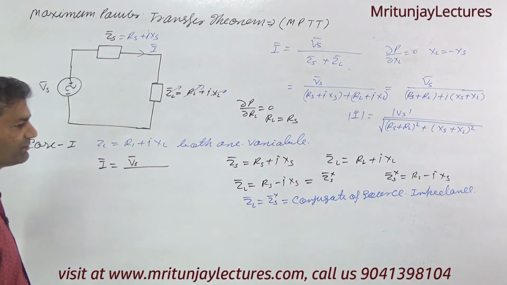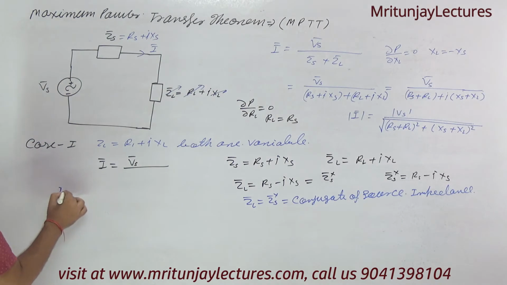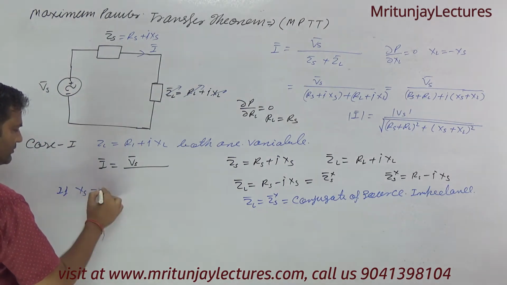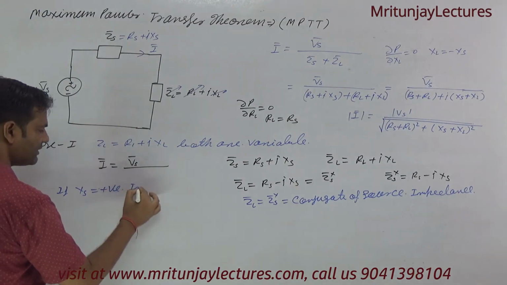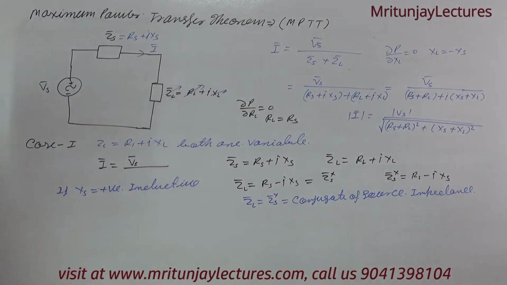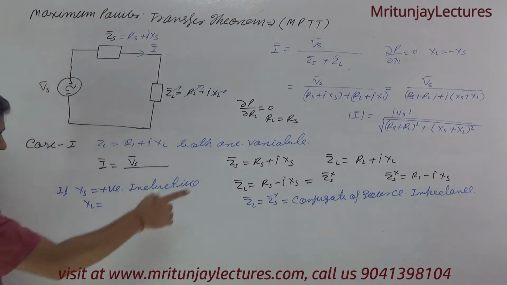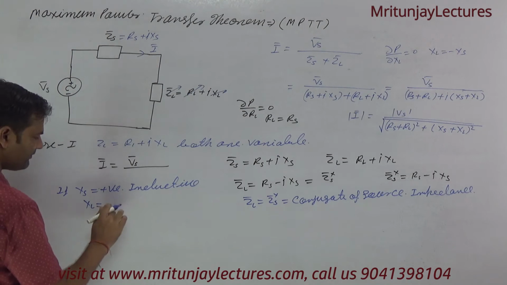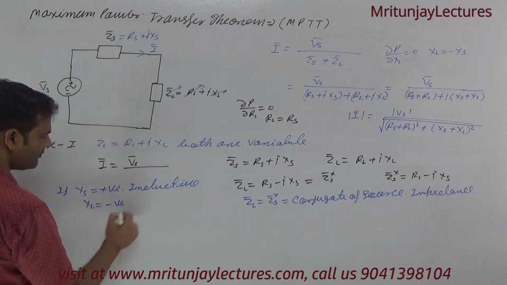What is the meaning of this? It means if ZS is inductive, that is positive, then what about ZL? If this one is inductive, then we get negative, meaning capacitive.